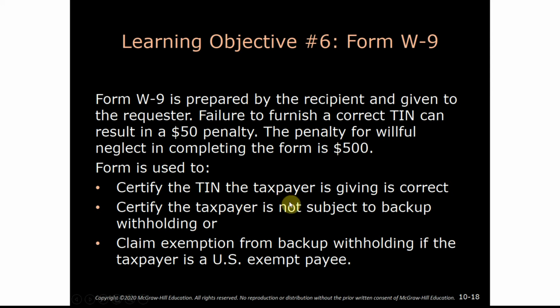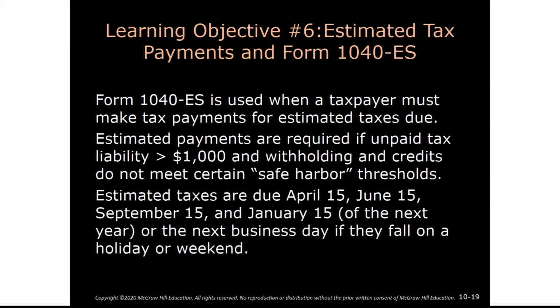If it's willful, intentional neglect of failing to complete this form, there's a potential $500 penalty. What does the form do, this W-9? Well, it certifies the tax identification number that the taxpayer is giving is correct, certifies the taxpayer is not subject to backup withholding, and claims exemption from backup withholding if the taxpayer is a U.S. exempt payee.